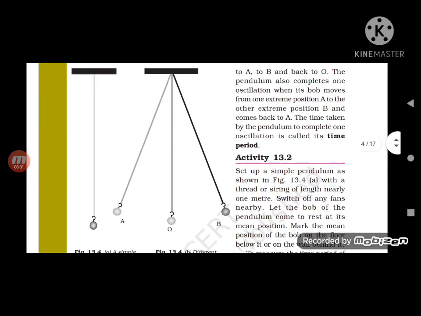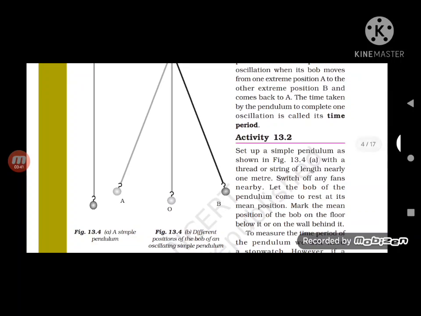Okay, so as you have seen in the figure, there is one rigid stand, one thread and one metallic ball in figure 13.4a. It is called a simple pendulum. In 13.4a, that pendulum is in rest position. There is no movement in the simple pendulum.